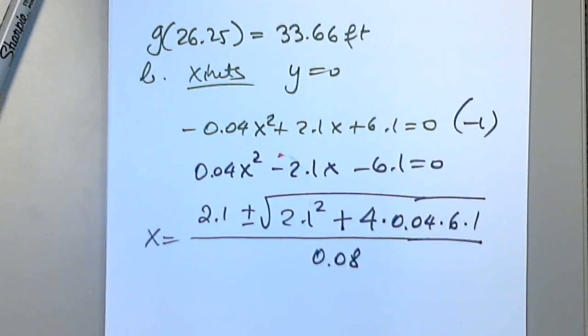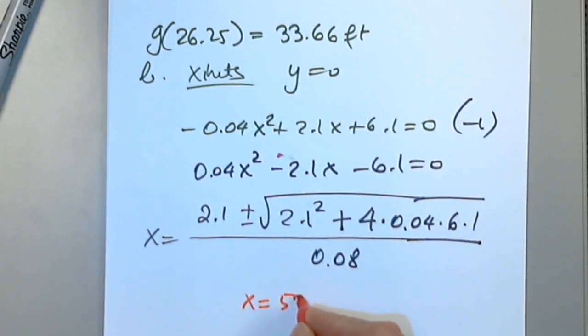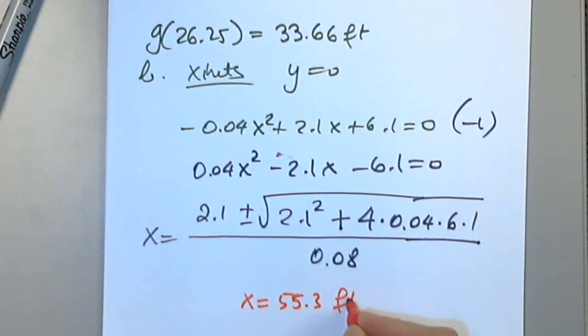I have to put my own parentheses if the software doesn't put them. 2.1 squared plus 4 multiplied by 0.04 multiplied by 6.1, close the parenthesis, go outside, close the parenthesis, and divide by 0.08 and press enter. I got 55.3. X is 55.3 feet.